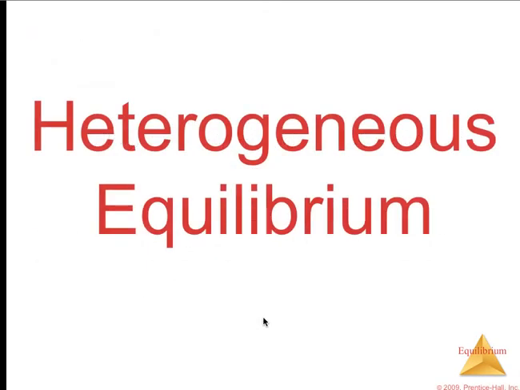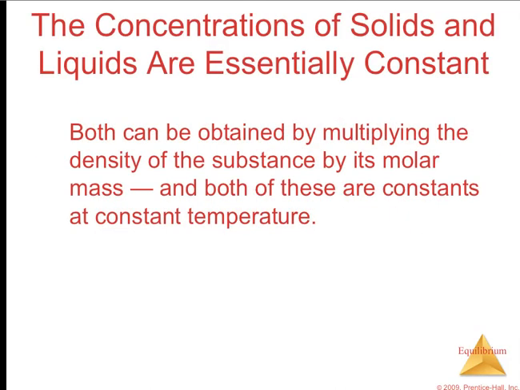Okay, let's talk about a case where my reaction mixture has two different phases in it. Okay, it's a heterogeneous equilibrium, so everything is not aqueous, everything is not in the gas phase. And where we run into trouble is when I'm talking about solids or liquids that are in a reaction. The concentration of those solids or liquids is essentially constant.